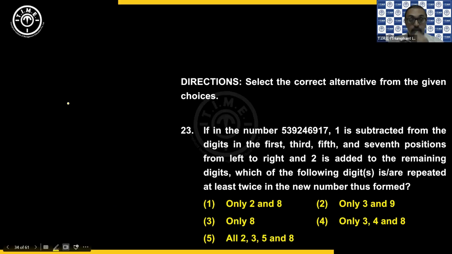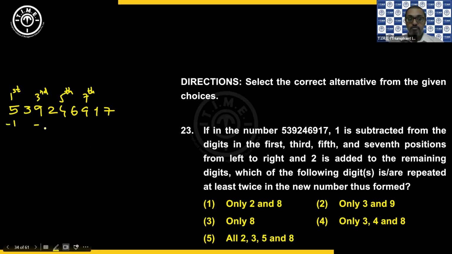He says, if in the number 539246917, one is subtracted from the digits in first, third, fifth, and seventh positions. So first, third, fifth, and seventh positions, he says one needs to be subtracted.